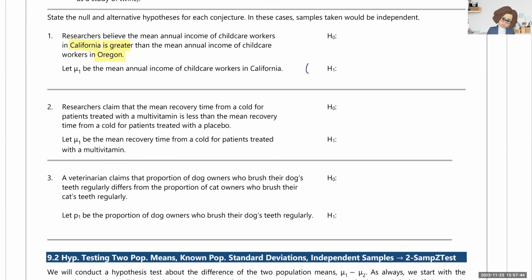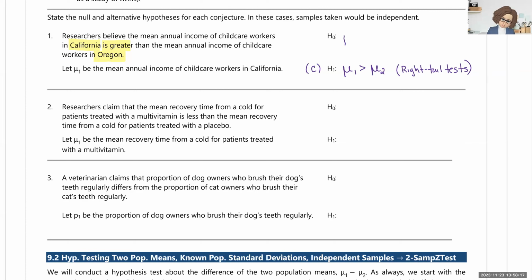Our claim as our alternative hypothesis is that the mean for population 1, California workers, is greater than the mean of population 2, our Oregon workers. And because that is a greater than, this is a right tail test. So lots of similarities to what we've done in the past, now just moving into two populations.